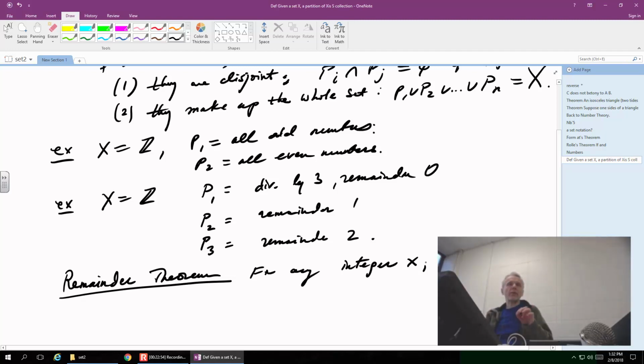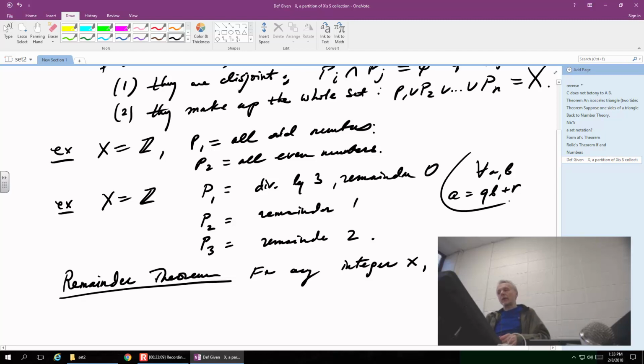It actually started with for any integers a and b, you can have a is equal to qb plus r. That's how the remainder theorem starts. But now we are taking a slightly different angle. I will be concentrating on the divisors separately from everything else. So I'll put here, for any positive integer n, we'll be doing division by n, larger than 1.